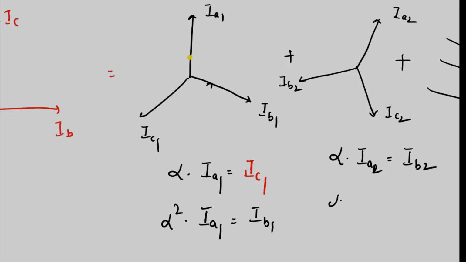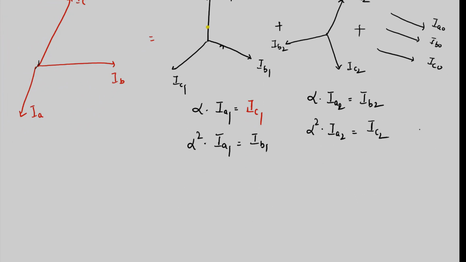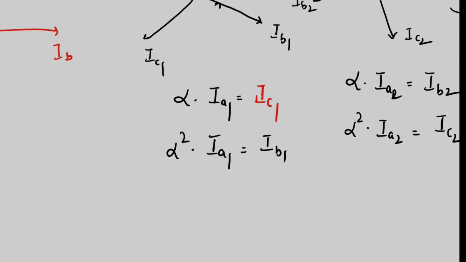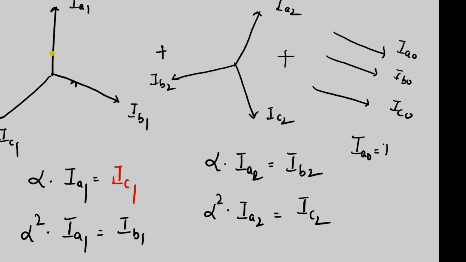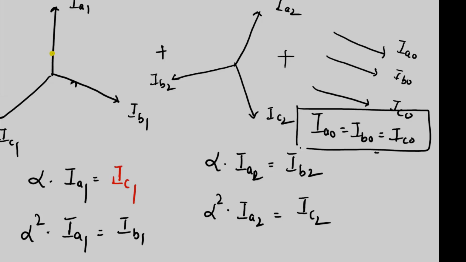Alpha square into IA2 will become IC2. Understand? So here there is no multiplication required because all of them are in phase. IA naught equals to IB naught equal to IC naught, because all three of them are in same phase.